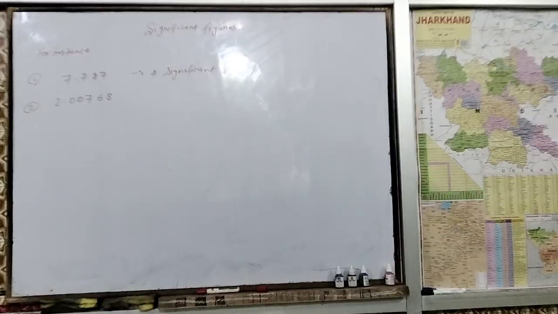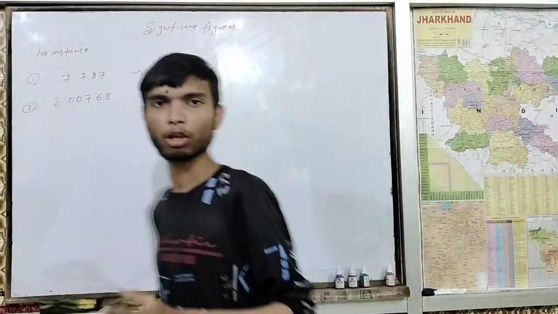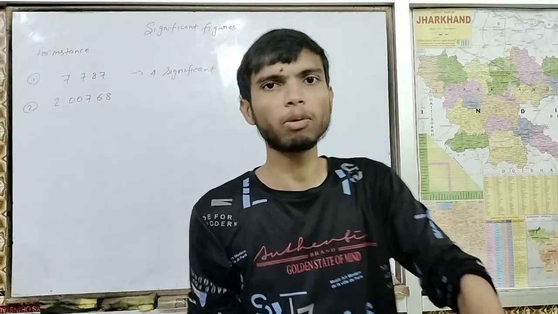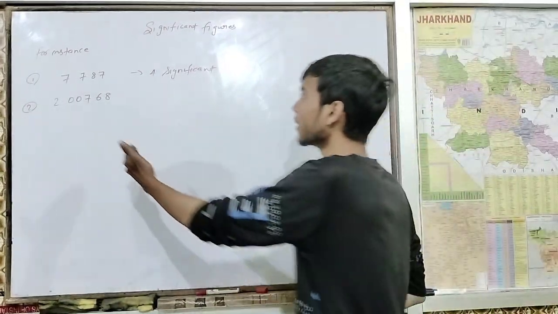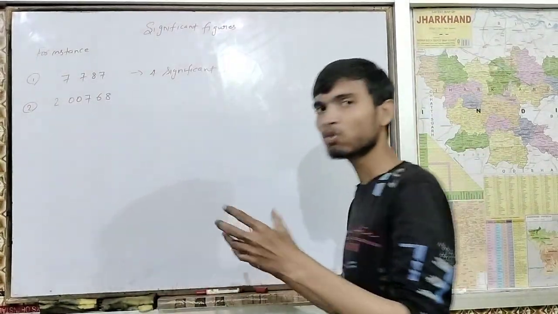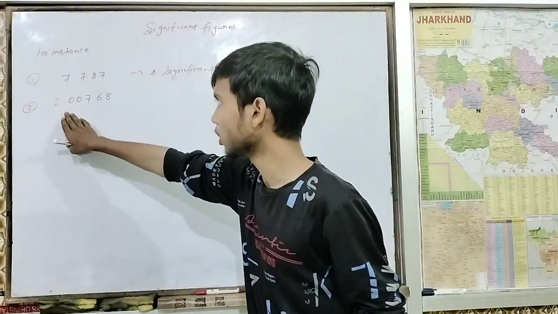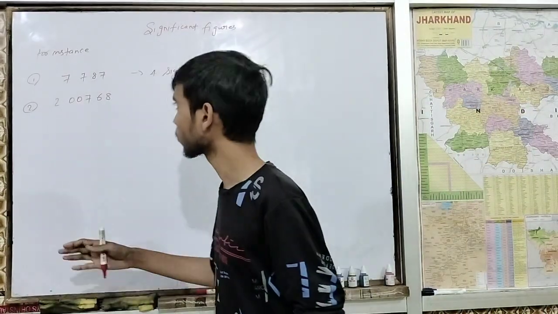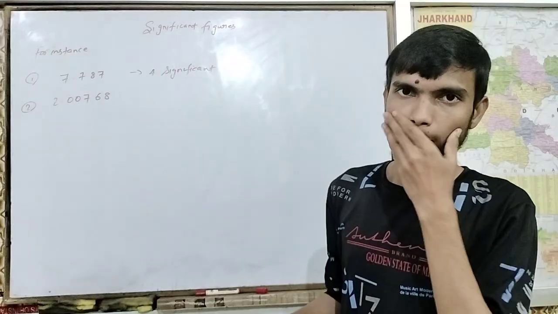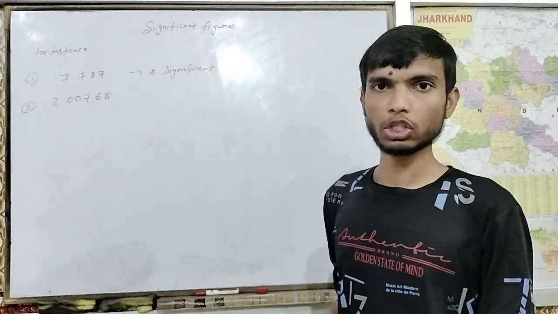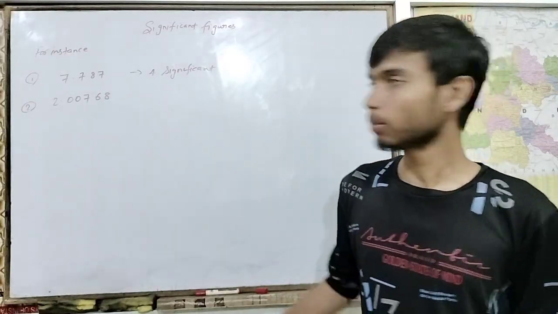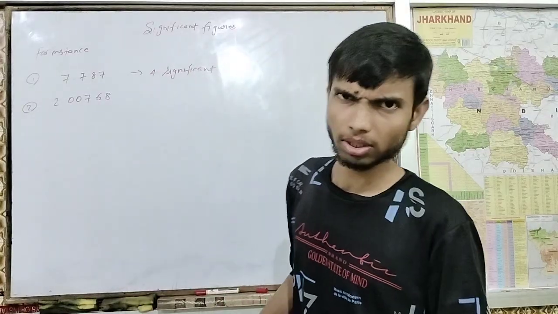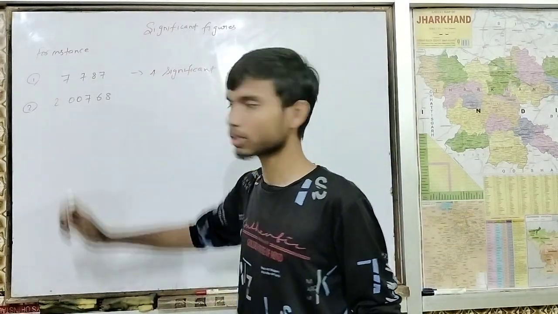If 0 is coming in your number, remember the decimal. Here 0 is coming after the decimal. First of all, non-zero digits will be significant, so this 2 is a significant number.